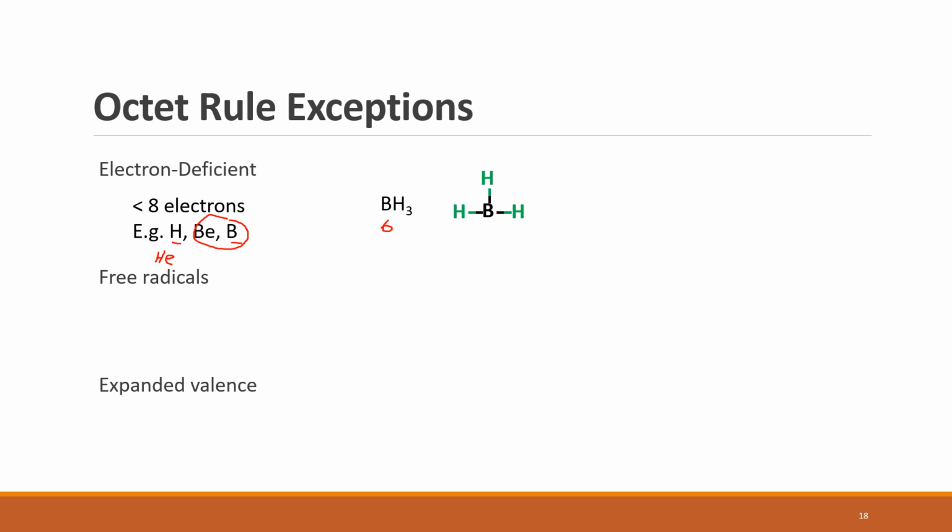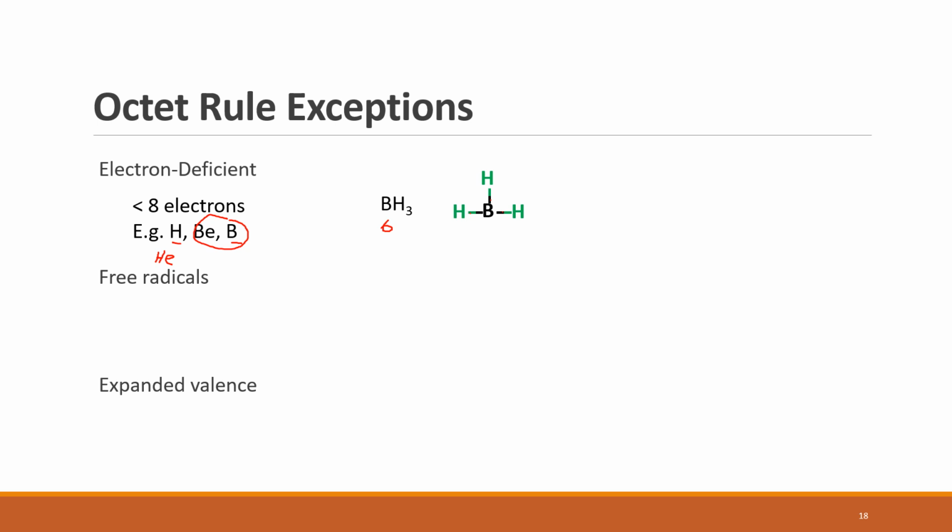Now notice, with these 3 single bonds, we used all 6 of those electrons. So there's no extra electrons to put on boron so that it can have an octet. Not only that, there's no lone pairs on the hydrogen atoms that we can use to make a double bond. So boron is happy staying just like this, with 6 valence electrons.